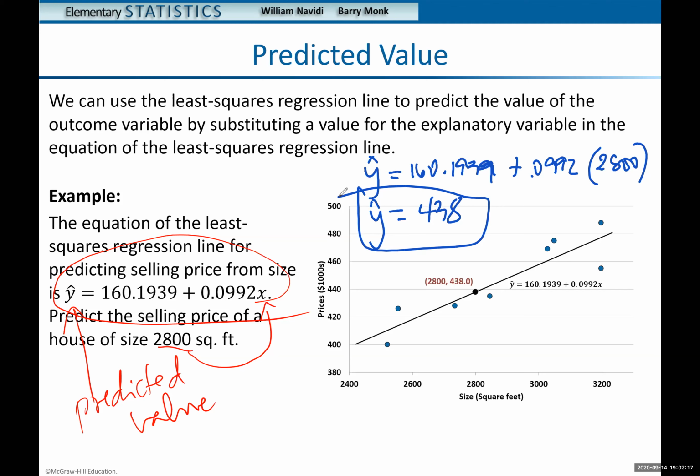Meaning the house with 2,800 square feet has an approximate price of $438,000. Any questions? Actually, we have the answer here. You see the point here at 2,800, and that is equivalent to 438,000.